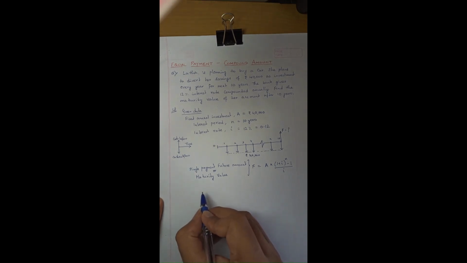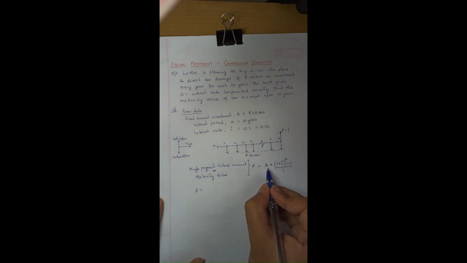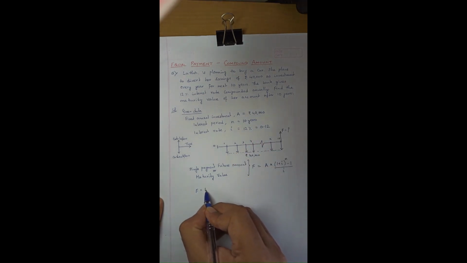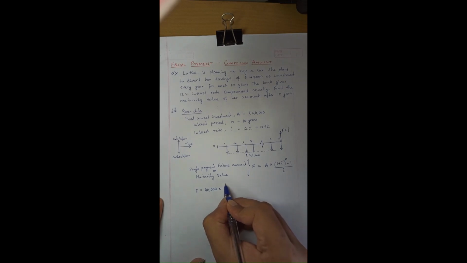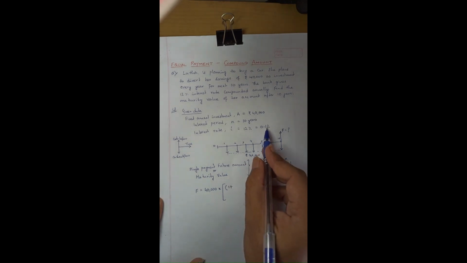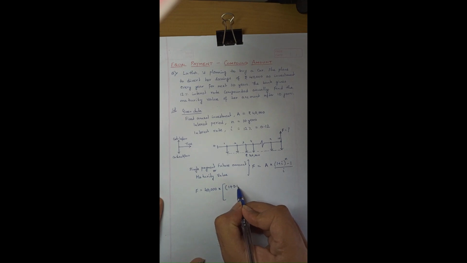Now let's substitute these values. F is equal to, A is the annuity or the fixed annual investment, which is 40,000. So 40,000 multiplied by, I'll put a big bracket, 1 plus I is the rate of interest in decimal, which is 0.12, to the power of n.